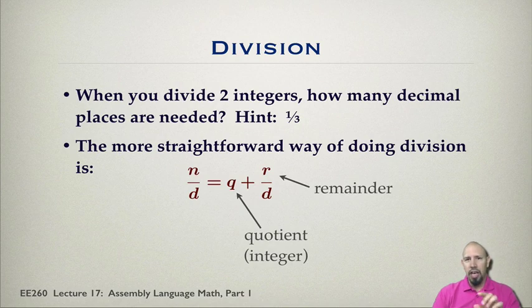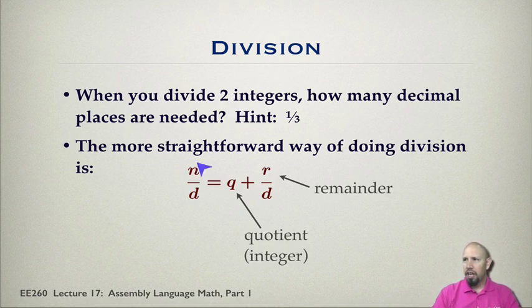A rational number in general can have repeating decimal places, but they go on forever. So we don't really necessarily want to keep track of division of integers by keeping decimal places. Instead, a more straightforward way of doing division is to do it this way.